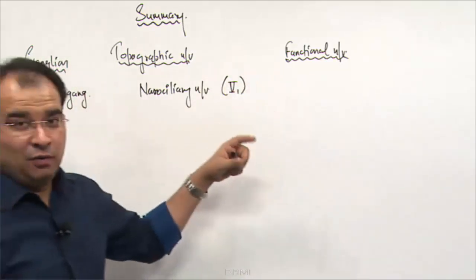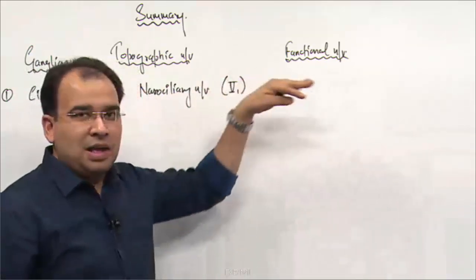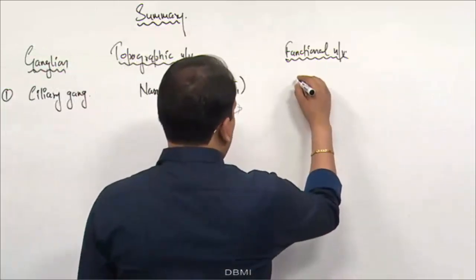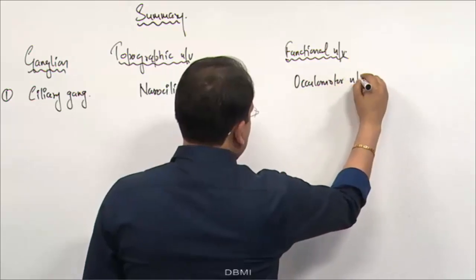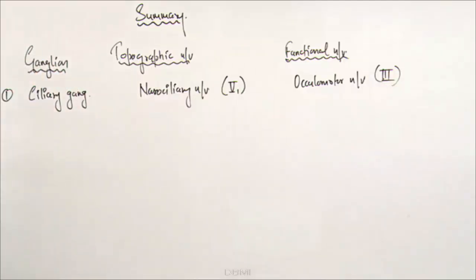And what was the functional nerve? What was the nerve which will come from the Edinger Westphal nucleus and relay into the ciliary ganglion? That was the oculomotor nerve. So the oculomotor nerve is the functional nerve. Topographic is nasociliary, branch of ophthalmic, and functional is oculomotor.